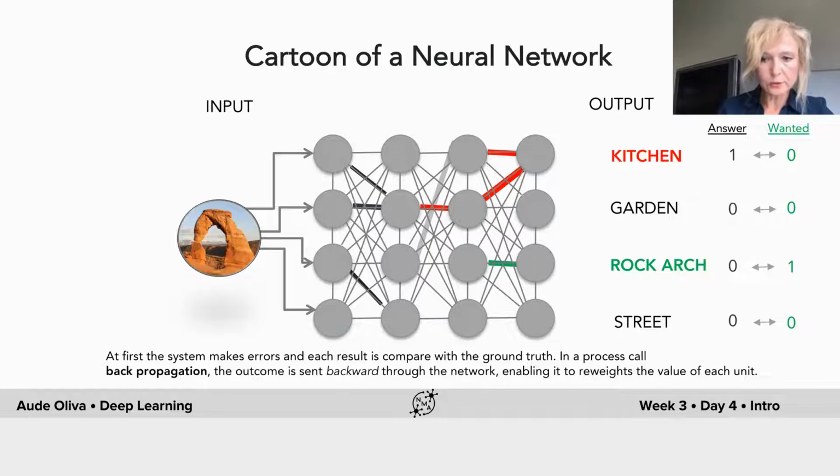And this allows re-weighting the value of units for that image. This allows the network to iteratively calculate error values for each layer and update the network parameters. If you have a very large network, you can imagine having billions of parameters that will need to be updated.